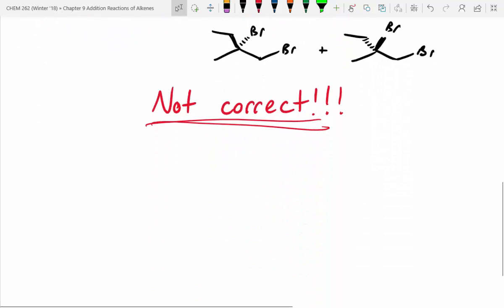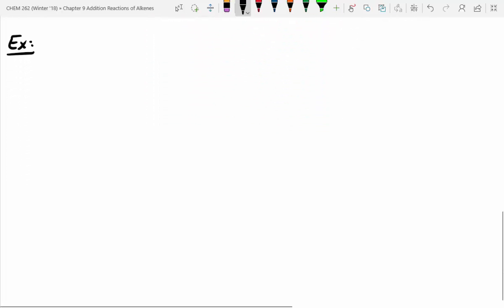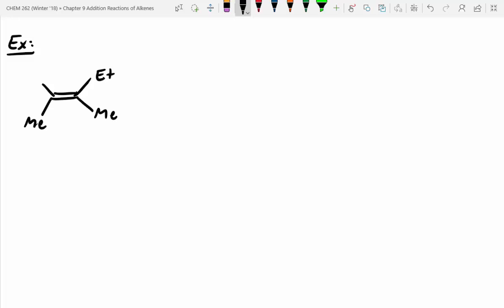All right, so let's take a look at an example one. This one's going to be a little bit harder. And I'm going to abbreviate all of the groups coming off here. I've got an ethyl group there, so Et, Me for my methyls, and a hydrogen here.